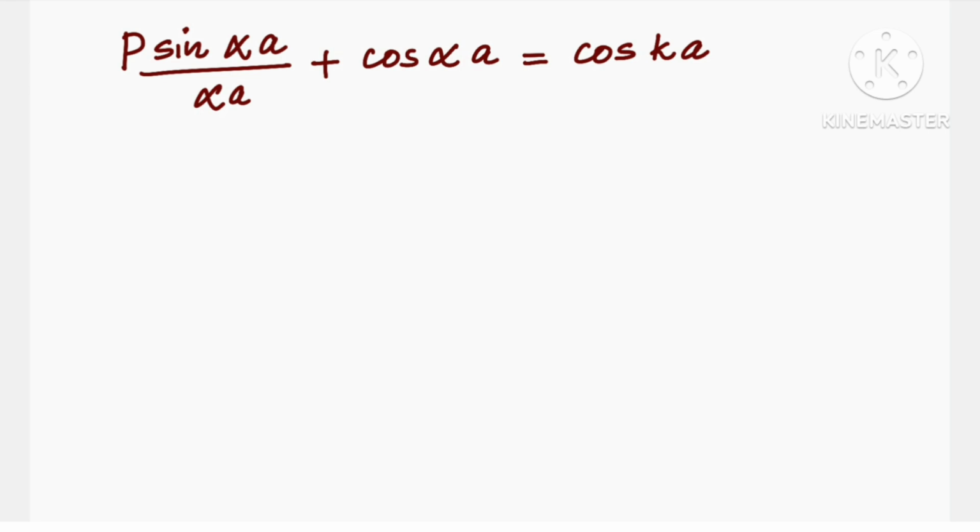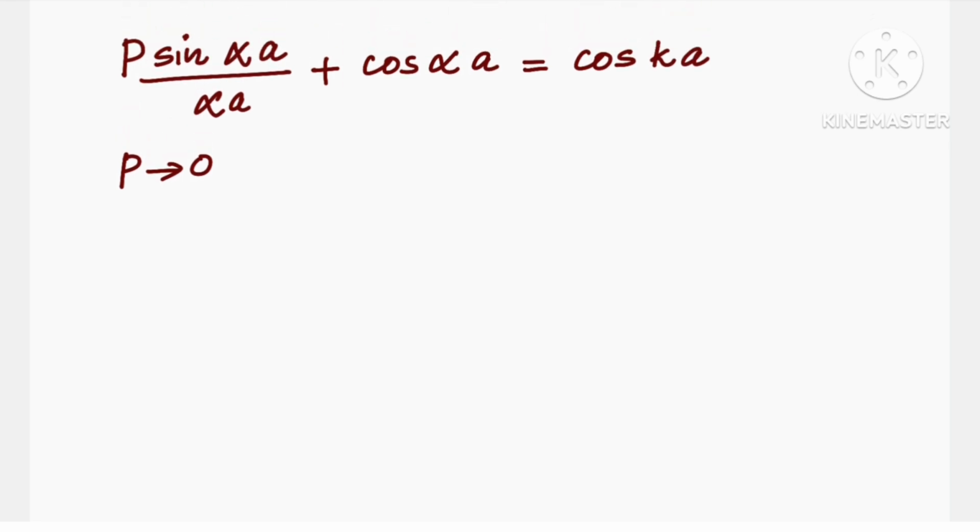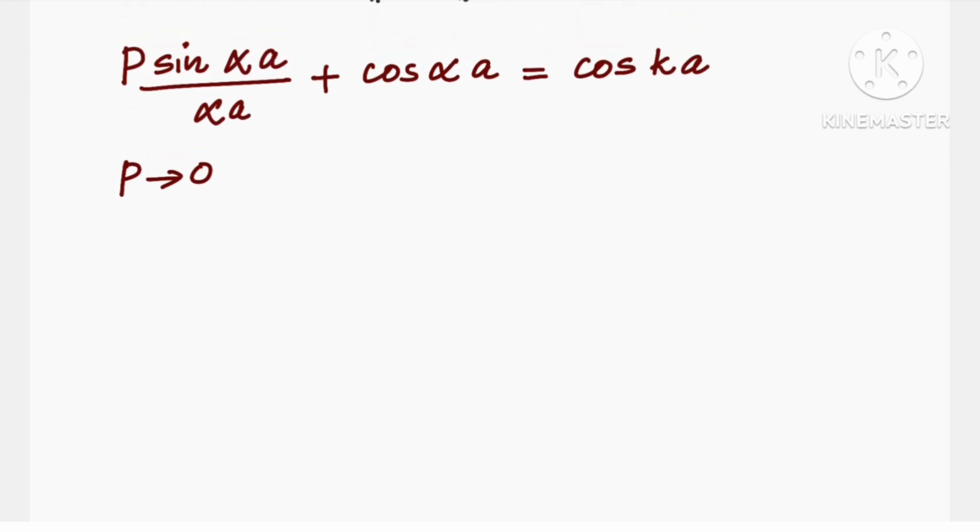Now we have to consider the situation in which P tends to 0. P is the scattering power of the potential barrier. When P tends to 0, the term P sin αa by αa tends to 0. Then we can write cos αa is equal to cos ka.